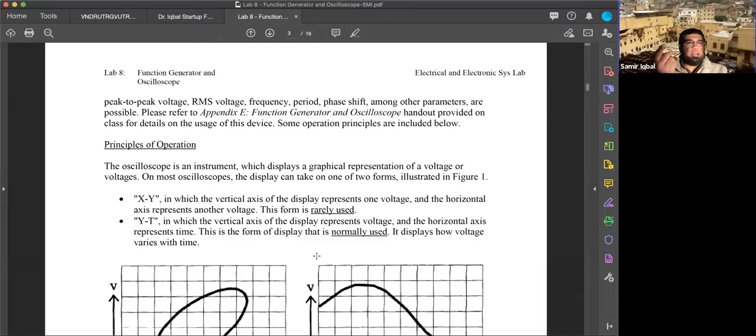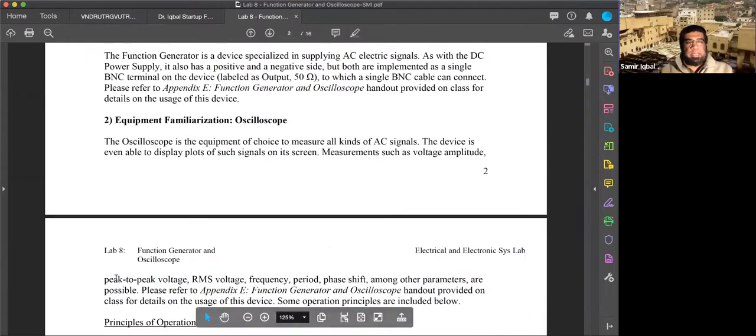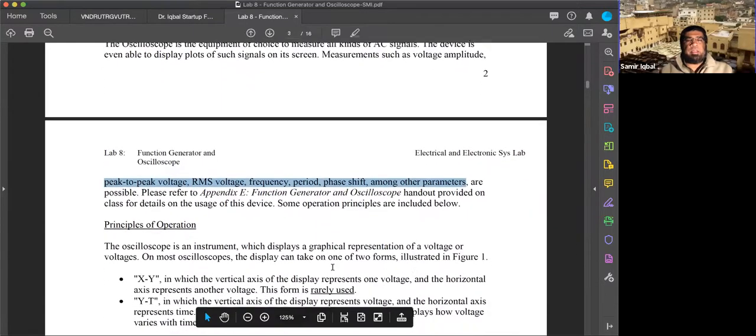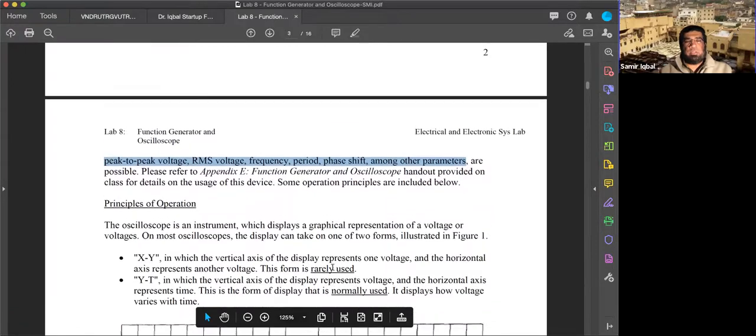You're sitting in your bedroom, I'm sitting in my bedroom, but there are signals that are undergoing changes. So oscilloscope can tell us at any point what is the shape or the different values of all these things which are given here. So that can tell us if our circuit is behaving and doing what it is supposed to do.